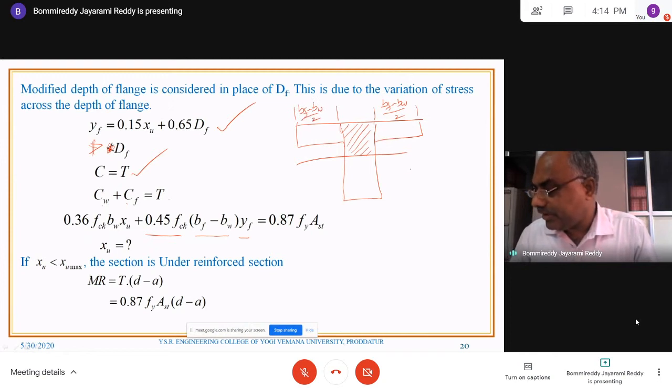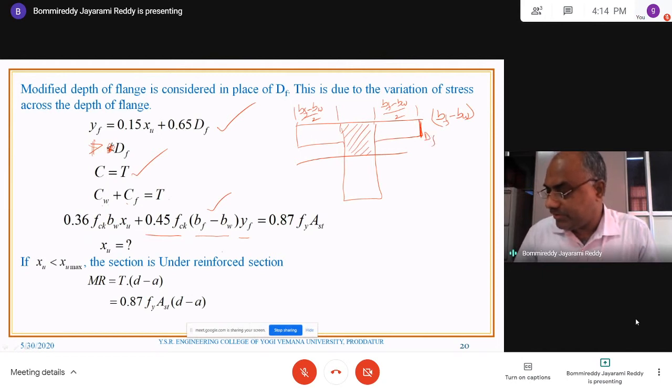What is the total flange? Total flange is nothing but BF minus BW, so that is the total effective width of the flange. And what is the depth? Depth is not DF. It is now the YF value, capital YF.